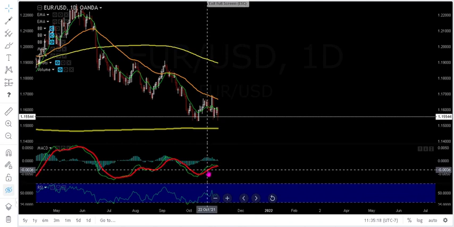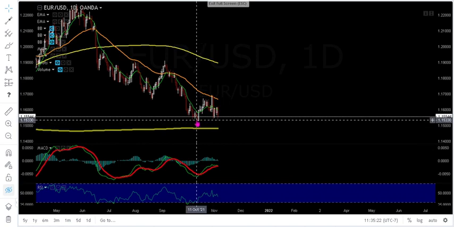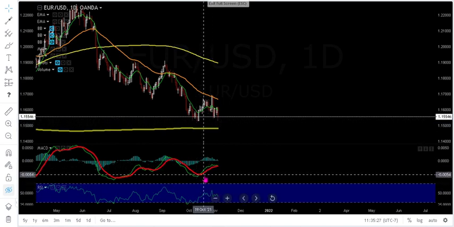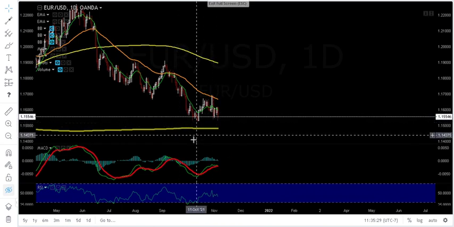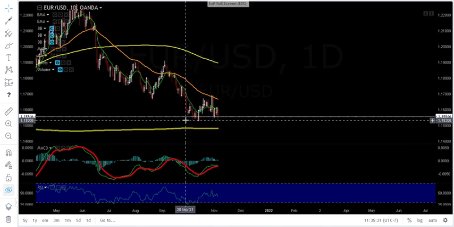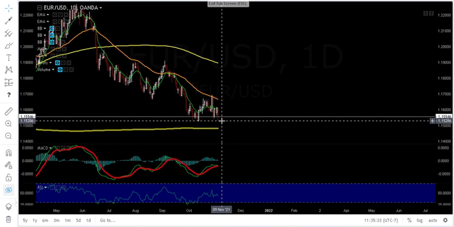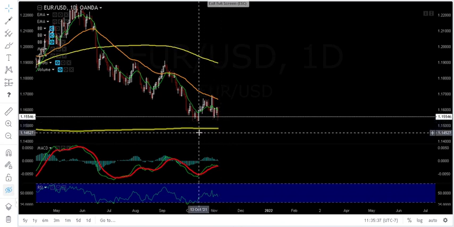See, that's divergence. So right now, this area right here should be showing flat. It should be a straight line, because if I draw a trend line from here to here, that's a straight line.